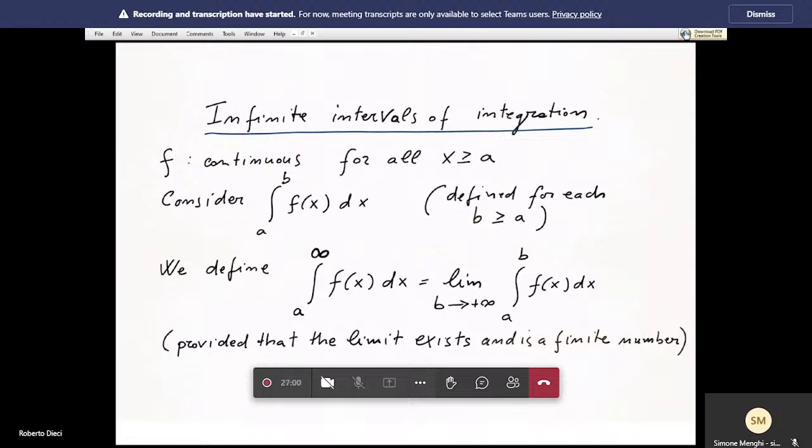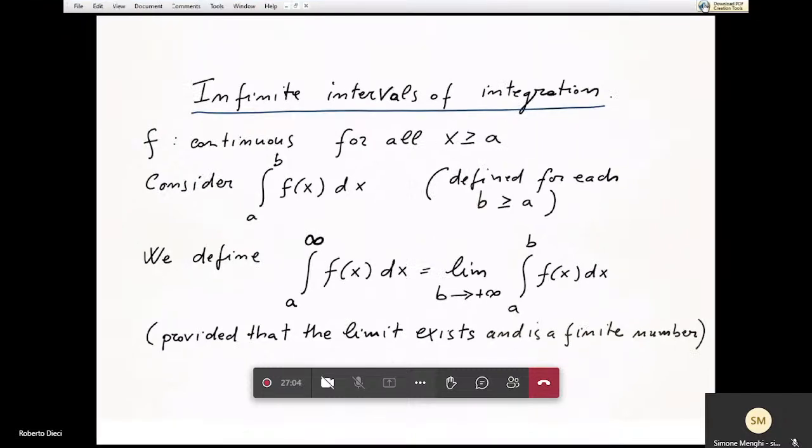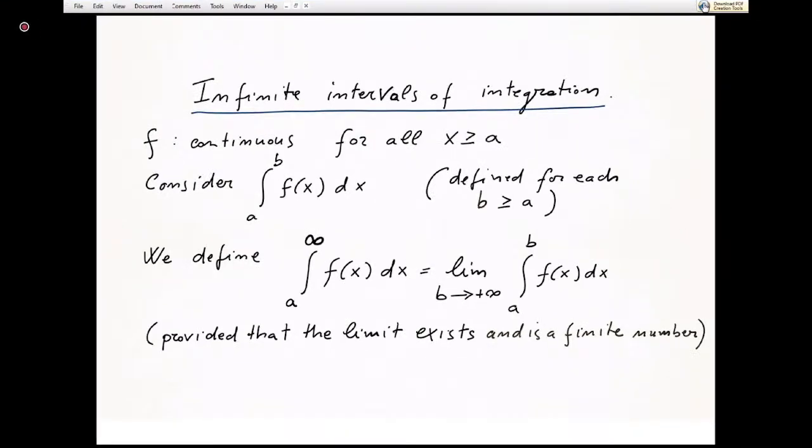One of the two factors is exponential of minus some function of x, and these integrals are extended to infinite intervals of integration. Okay, so from now to plus infinity, from now to a point in time in the future which is very far in the future. Okay, so you will see an example in a moment.